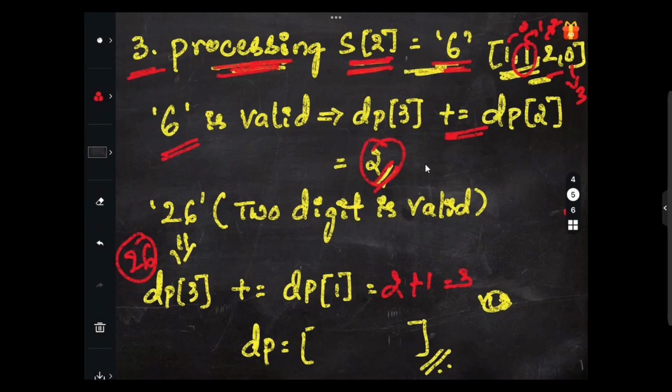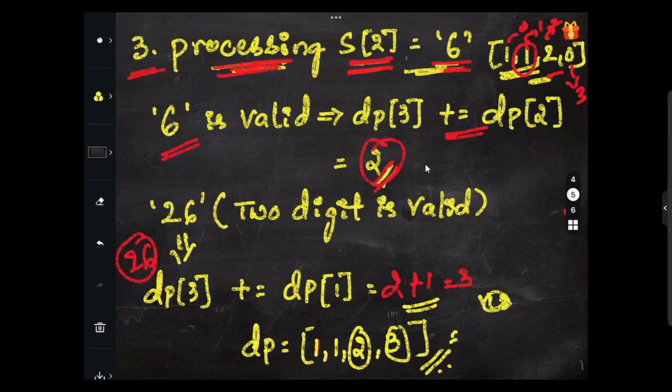So now we have to update the DP array, right? Here we have 1, 1. From the previous step we got this 2, and from this step we got 3, right? We are updating DP of 3 by 3. Initially it was 0, now we have updated this one by 3.